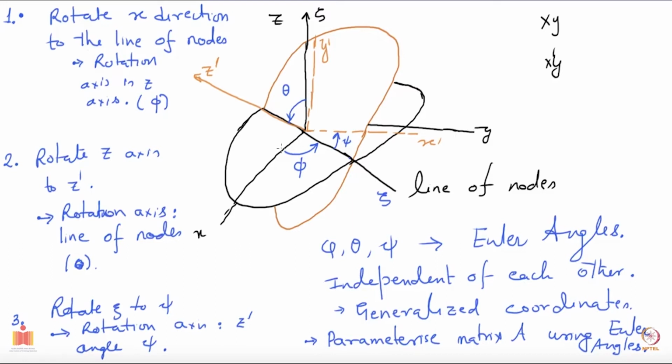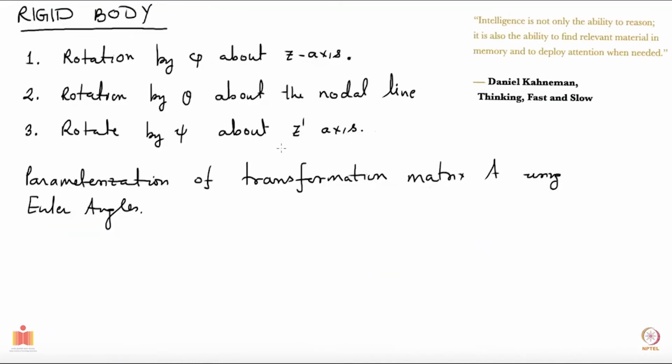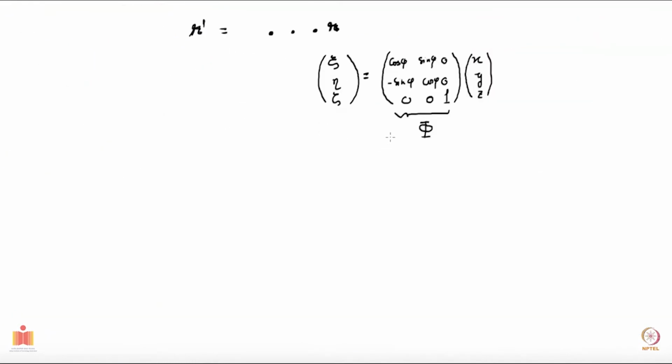So let's do this rotation, and I will call that rotation matrix theta. Now I take my xi, eta and zeta. Rotation is about which axis?